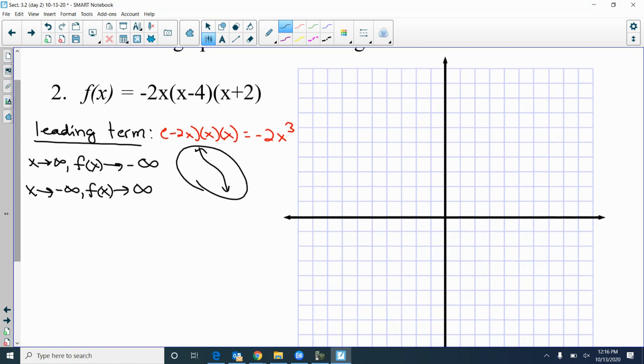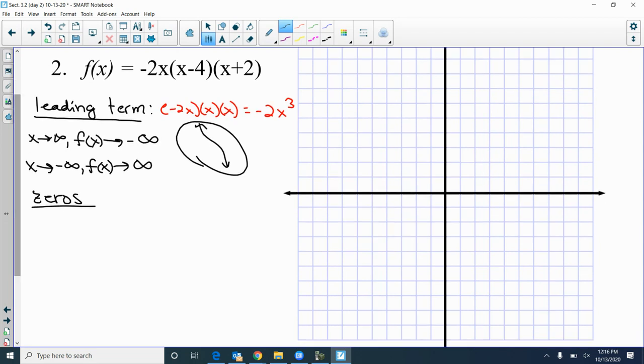So my 3 zeros are x equals 0, x equals 4, x equals -2, all multiplicity of 1. So -2, 0, 4.